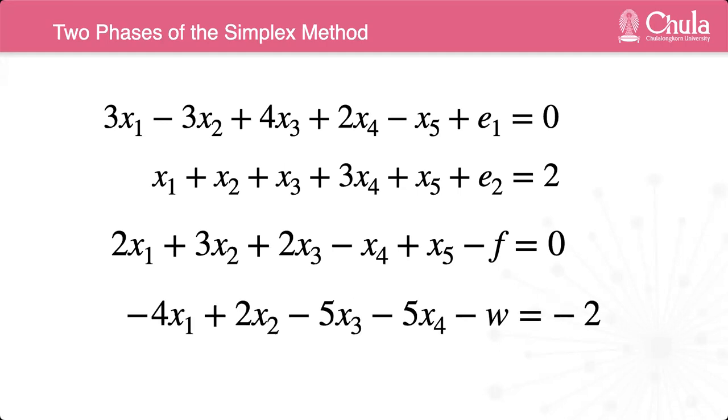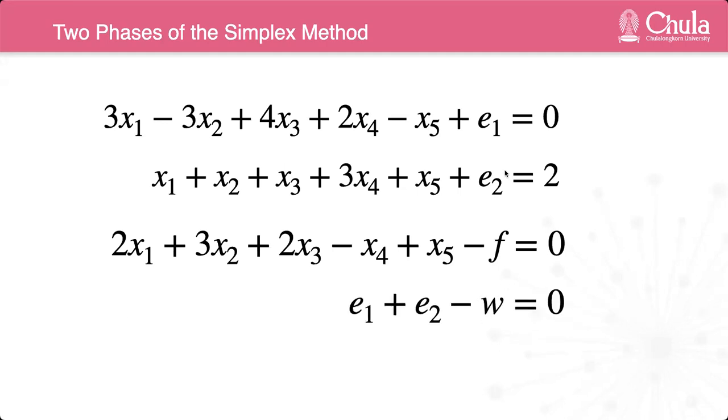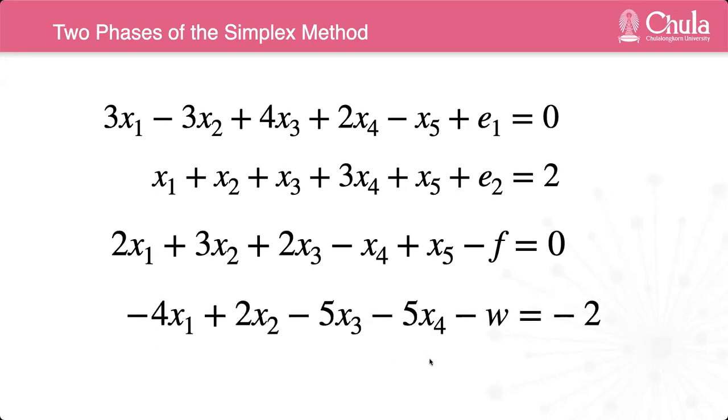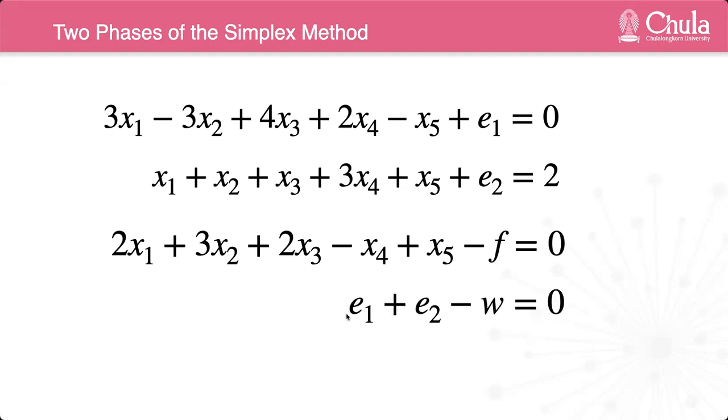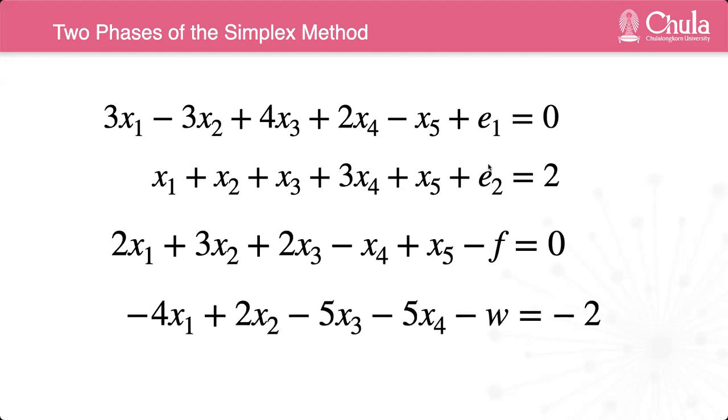We see that we have E1 and E2 in the last line. We substitute E1 and E2 using the first and the second equations. From the last line, we sum the first and the second lines together and substitute, and we obtain the last line.